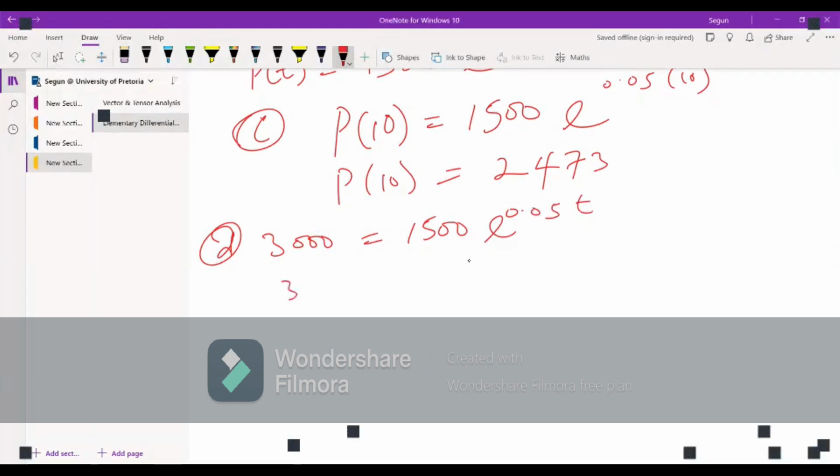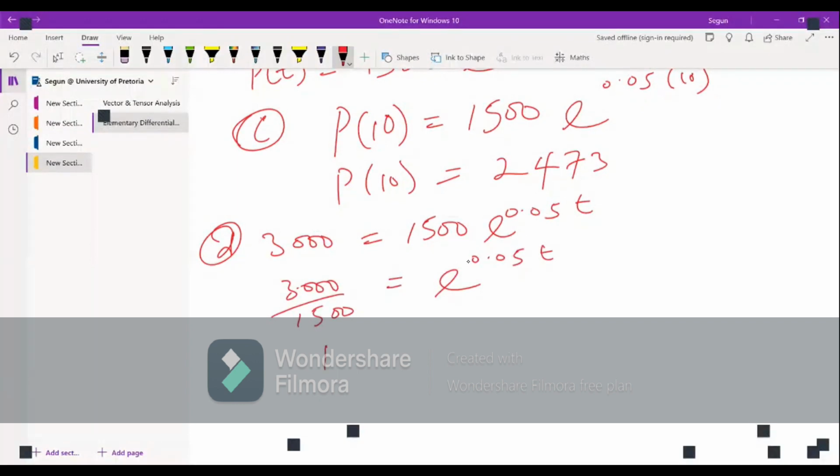If you divide both sides, you have 3,000 divided by 1,500 equals exponential 0.05 t. So here we have ln 2 equals ln exponential 0.05 t.